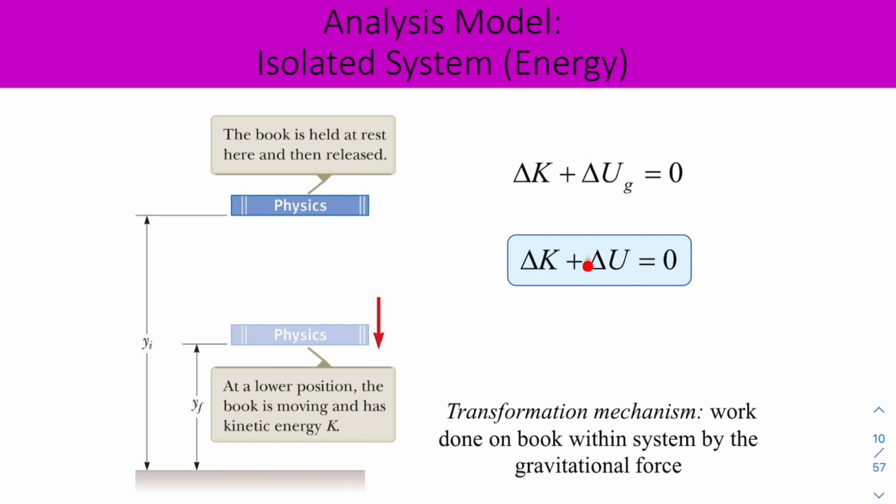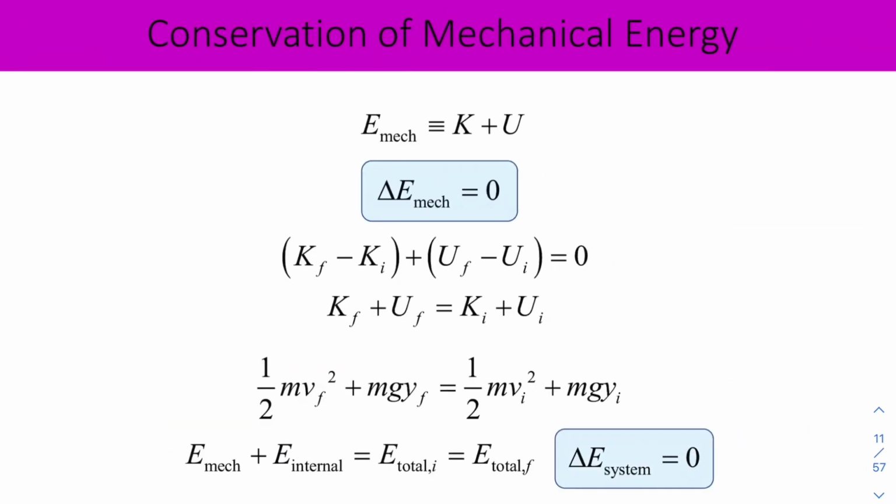In other words, the change in gravitational potential energy is actually equivalent to negative delta K. Conservation of mechanical energy: within mechanical energy, we have two kinds of energy, kinetic and also potential.